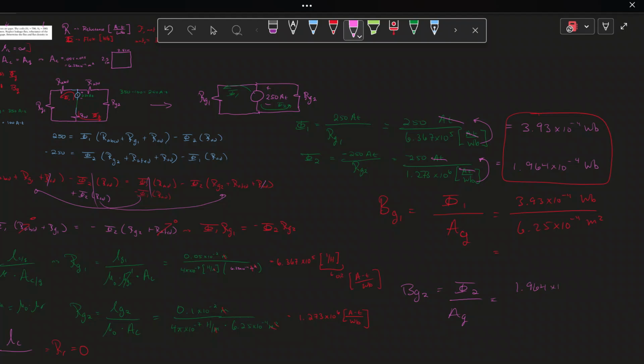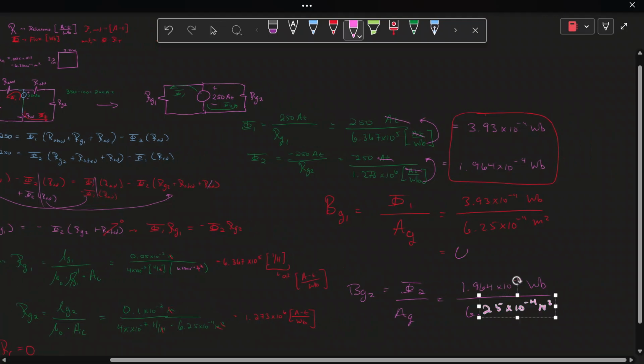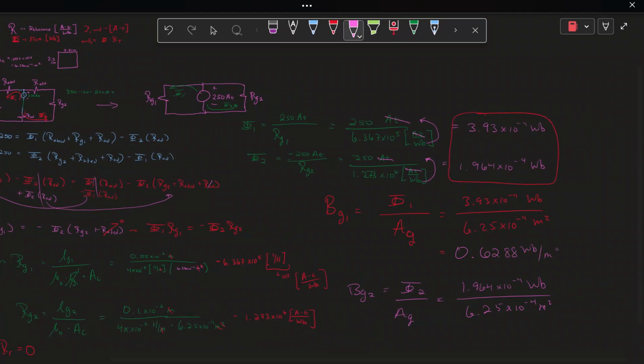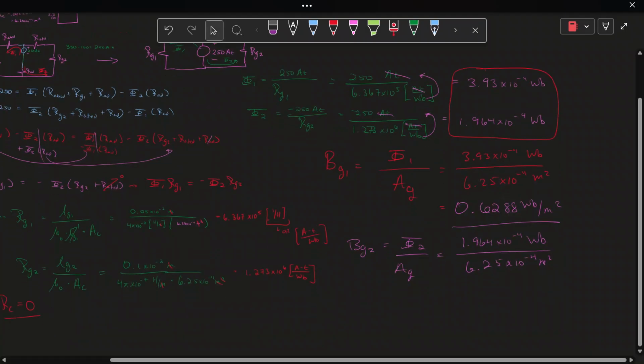Now, it might look like a lot, and it definitely is, but this is apparently worth quite a bit of points. So being able to do this is very important, especially with all the units. So what I get is 0.6288 Webers per meter squared for the first one.